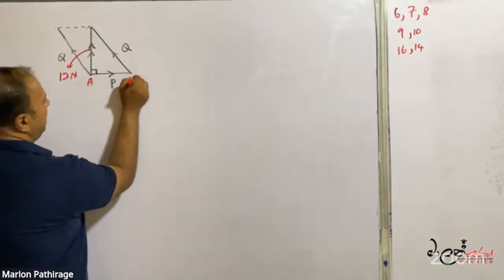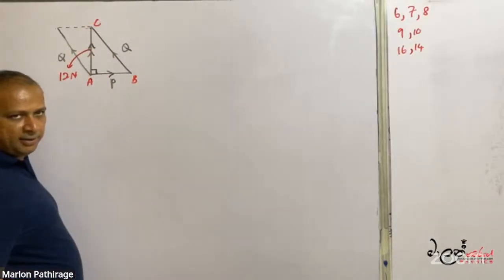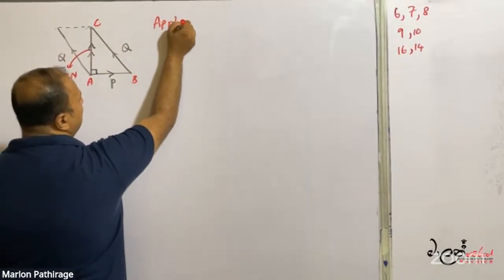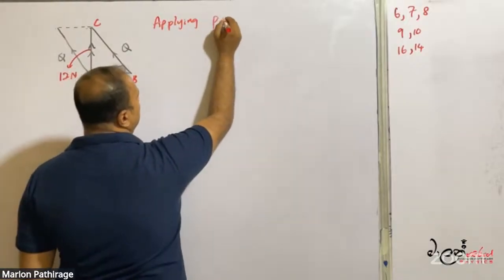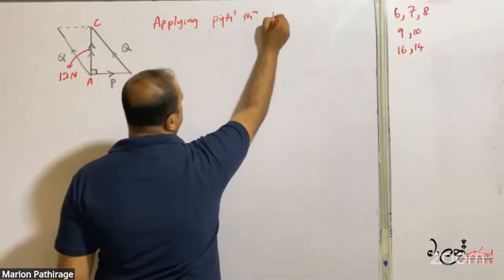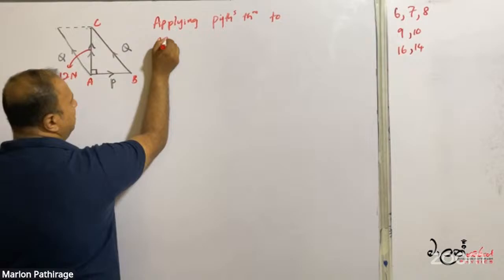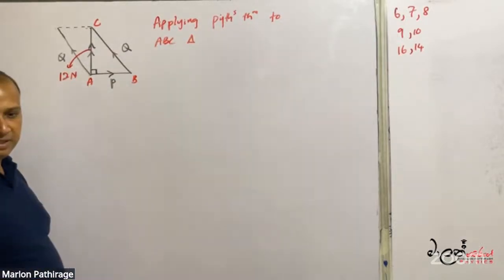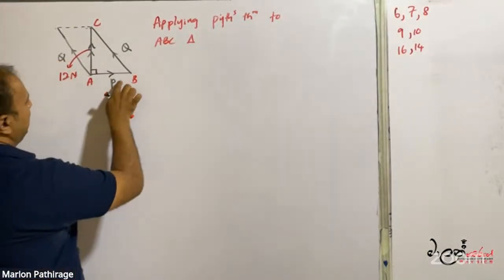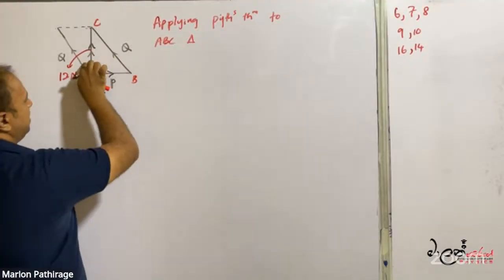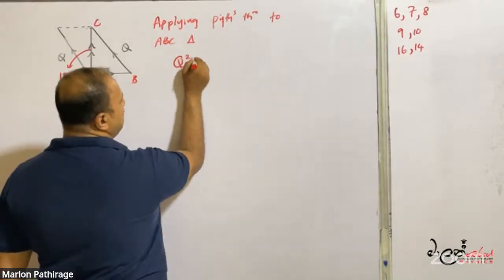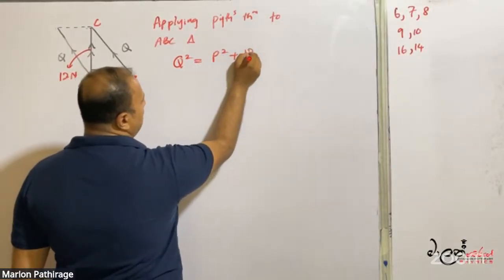Therefore, if we apply Pythagoras theorem to this ABC triangle, then it is very clear P square plus 12 square is equal to Q square.